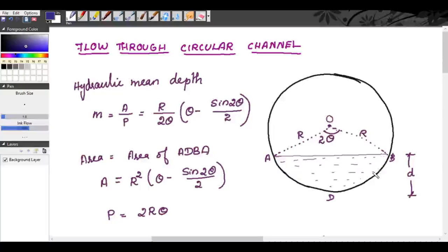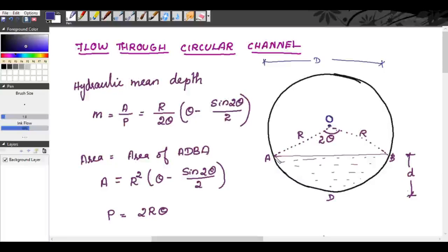So, the cross section is circular, and this point O is the center of your circular section, and you can take the diameter as capital D. Now, the radius is taken as capital R. Now, if the depth of flow is below the center, small d is taken as the depth of flow. So, this is the depth of flow of the channel.